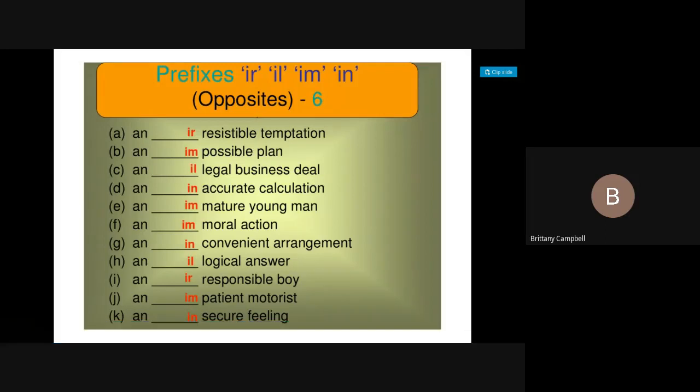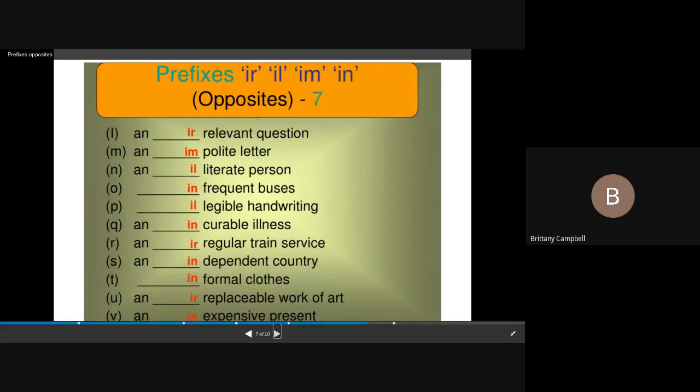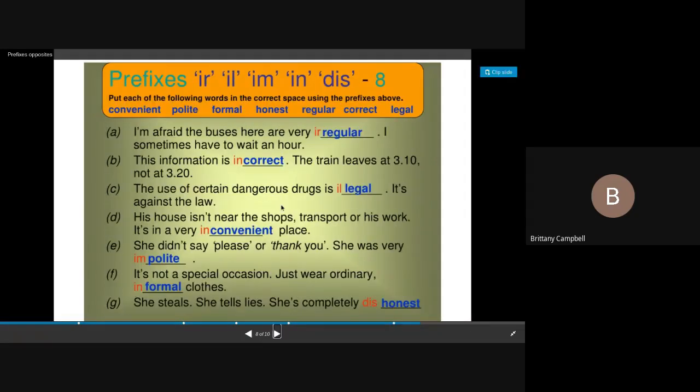So indeed, take note of these. They're called the negative prefixes. There are other examples in which we're able to look at, right? In terms of having them in sentences. For example, this information is incorrect. So it is not correct. Yes? Look at E, letter E. She didn't say please or thank you. She was impolite. F, it's not a special occasion.